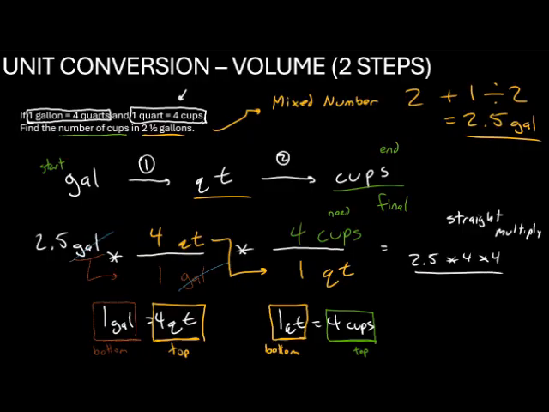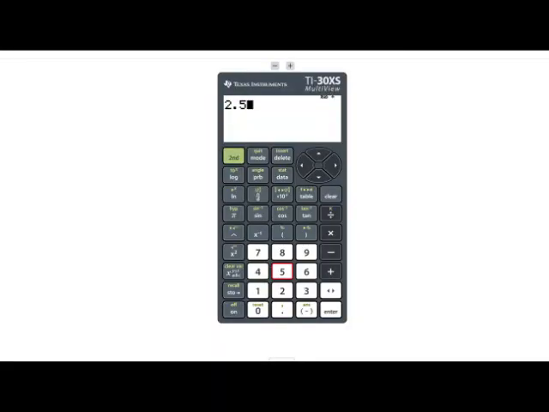On the bottom, we have 1 and 1, so we'll say 1 times 1 on the bottom. 1 times 1 will just give us 1, and on the top we can multiply 2.5 times 4 times another 4. We enter our 2.5 and multiply by 4, and then multiply again by another 4. When we press enter, we get 40.